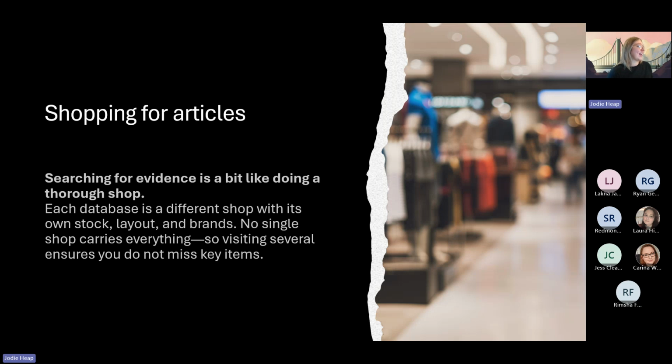What we need to do is consider the types of shops that are available to us. So the different databases are like different shops. And we need to understand that each shop has its unique features and filters and options, but they all offer the same sort of experience of going in, being able to find products and purchase them.